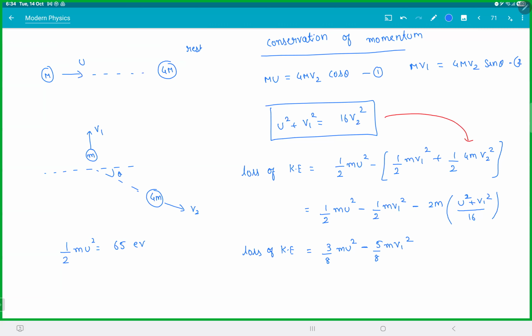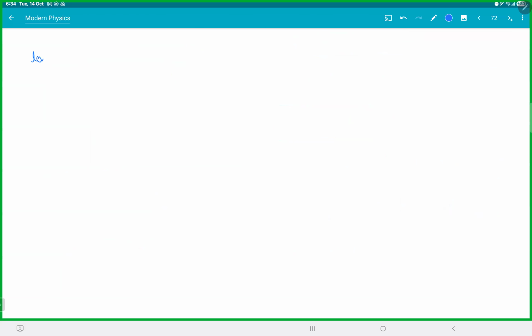Now comes this loss in energy, let me just modify this. 3/4 half mu square minus 5/4 half mv1 square. So I can write this thing as 3/4 into this is 65 eV, minus 5/4 kinetic energy of the neutron. This energy must have been absorbed in the form of a photon.